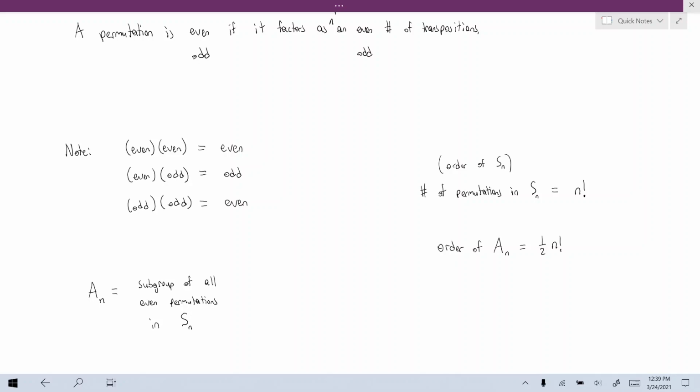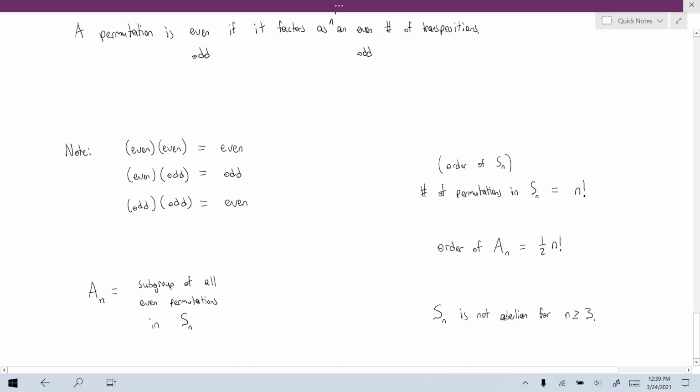And then finally, I've hinted at it when I was talking about how disjoint cycles commute, but cycles which are not disjoint do not commute. It's also worth noting that Sn is not abelian when n is greater than or equal to 3, okay?